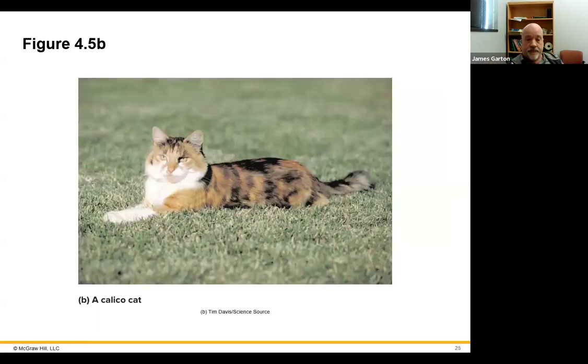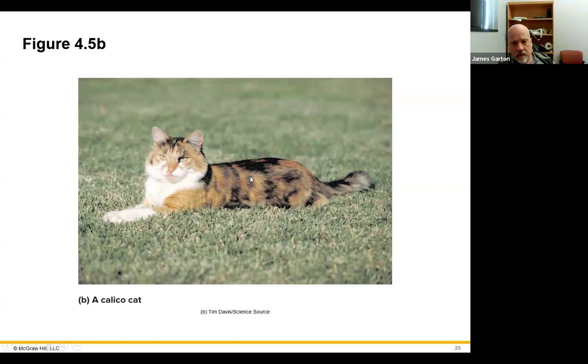For example, a calico cat. This is a coat color that's caused by, among other things, some of the genes on the X chromosome. And this gives the female calico cat blotches of different colors in the fur.